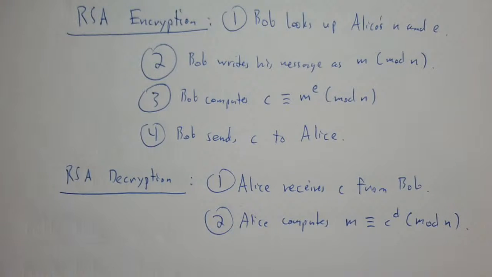So that C gets sent along. Alice takes the C, exponentiates the C to the decryption key, and that, according to what I'm writing here, should recover m. Okay? So that is the process.